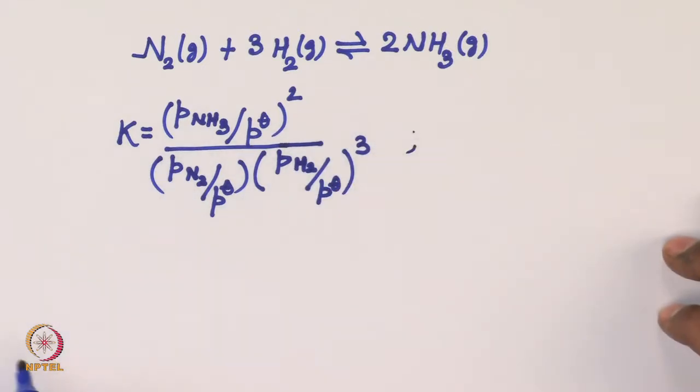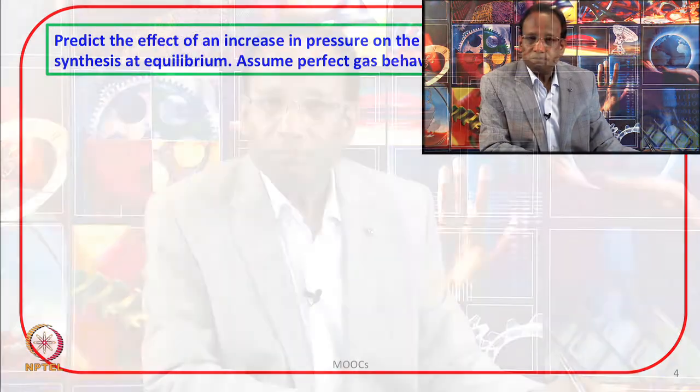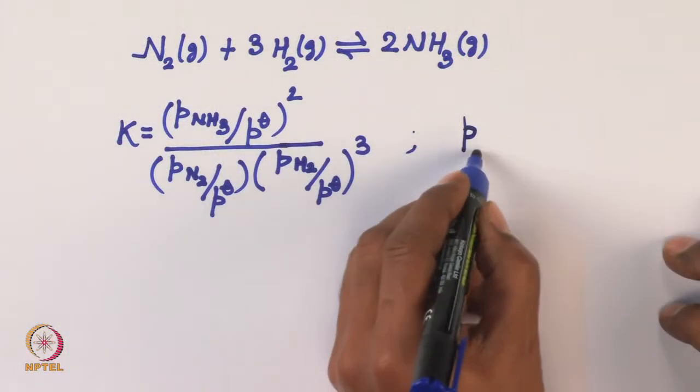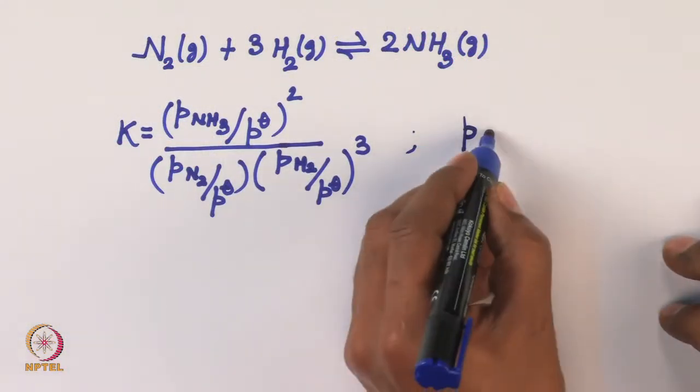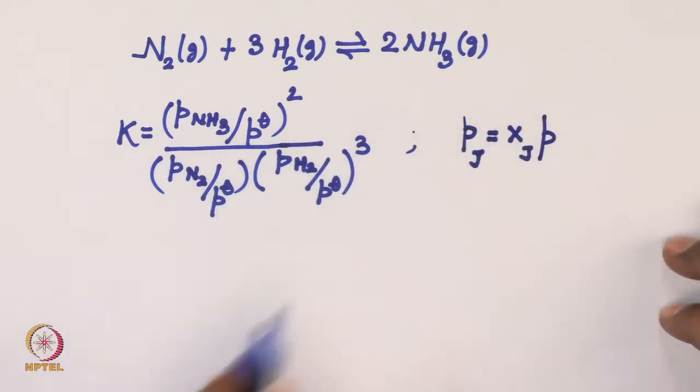And since we have been asked to find out the effect of increase in total pressure, let us see which equation we can use which connects the partial pressure with the total pressure. From elementary chemistry, we remember that Dalton's law of partial pressure can be used. That means partial pressure of any substance J will be equal to the mole fraction of J into the total pressure. That is from Dalton's law of partial pressure.